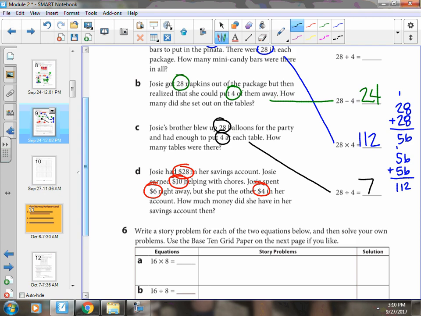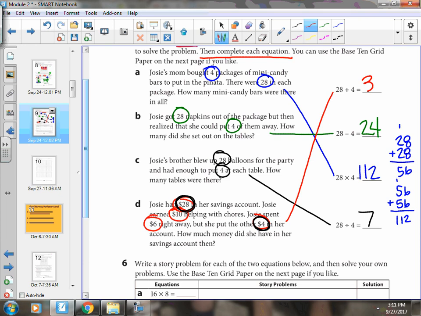She earned 10 helping with chores. She spent 6 right away, but she put the other 4 in her account. So we really only need to know that she had $28 and she added another $4. So we really only need the $28 plus $4, giving us a total of $32.